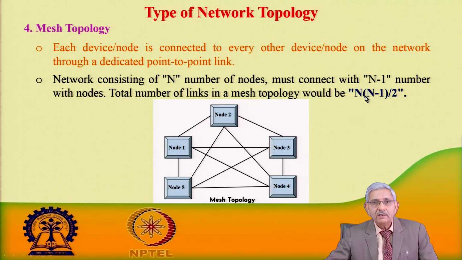In this case it will be 5 multiplied by 4 divided by 2, so 5 into 4 is 20, divided by 2. So the total number of links in this 5 node mesh topology will be 10.